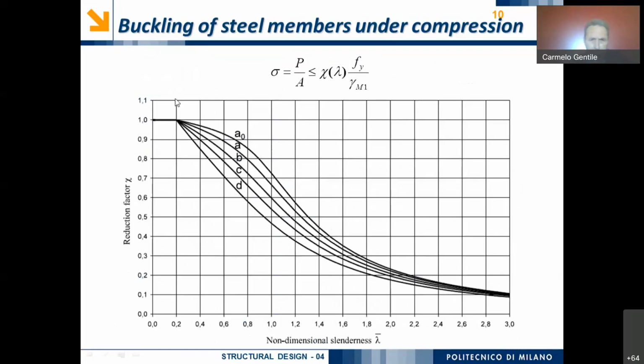Indeed, at present, there are 5 different stability curves, because the curve called A is divided in A and A0.